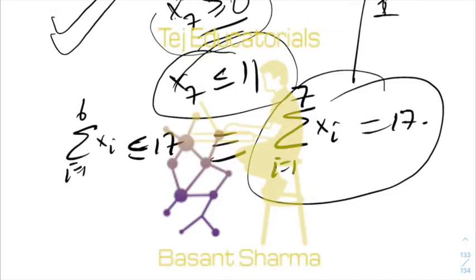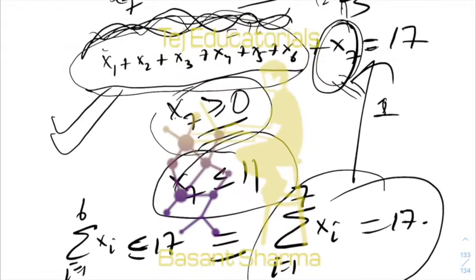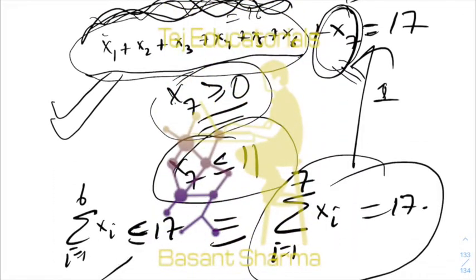Now I hope this makes sense, that the number of solutions of this inequality is the same as the number of solutions of this, right? Because we have just introduced a dummy variable, and that dummy variable is taking care of the excess values. If x7 is 0, for example, then your question is, what is the number of solutions to x1 plus x2 plus x3 plus x4 plus x5 plus x6 equal to 17?